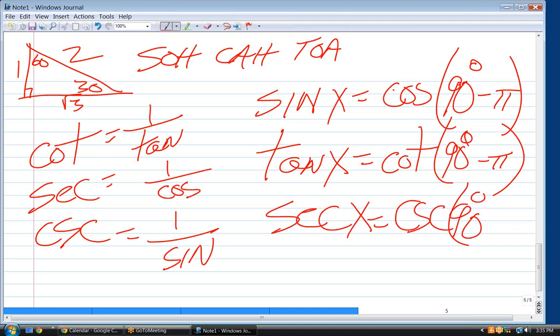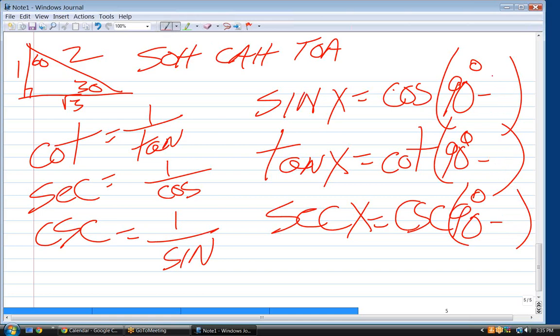And what they share in common is this property. The sine of an angle is always equal to the cosine of 90 degrees minus the angle. Sorry, not pi.